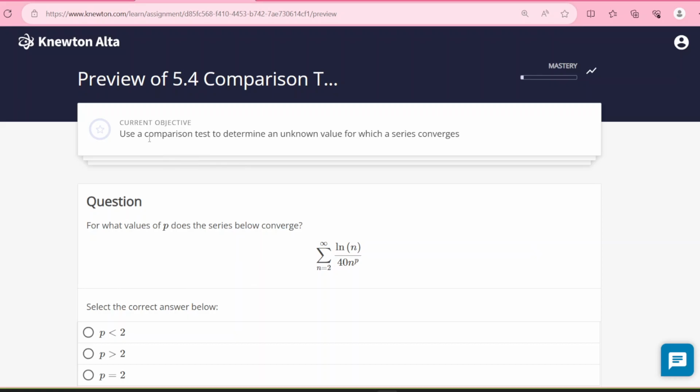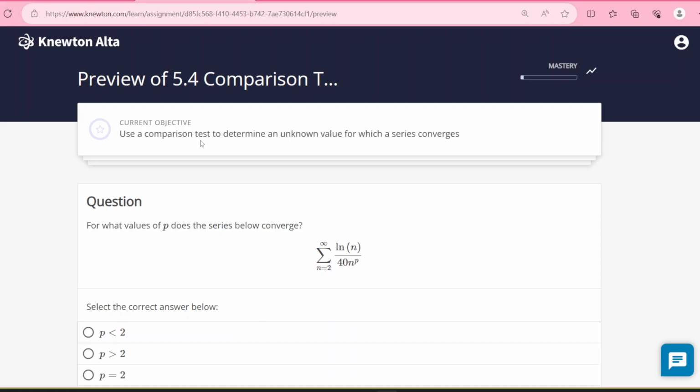Notice it says use a comparison test. So it could be the direct comparison or limit comparison. Now I mentioned this earlier, right? Direct comparison's fine. Now if you can see a nice geometric series or a p-series to do a direct comparison with and be able to get to one of those two cases, great.